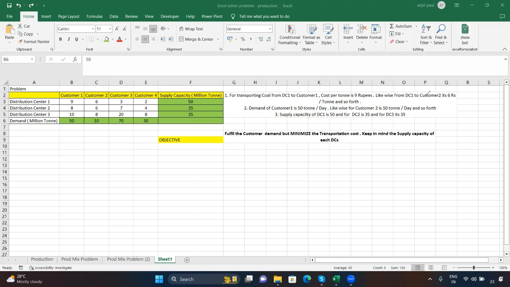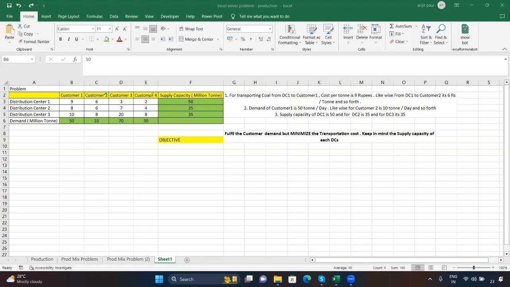Likewise, from DC1 to customer 2, it's 6 rupees per ton and so forth. So, to transport the coal from DC1 to customer 2, what is the transportation cost? 6 rupees per ton. To transport the coal from DC1 to customer 3, the transportation cost is 3 rupees per ton.